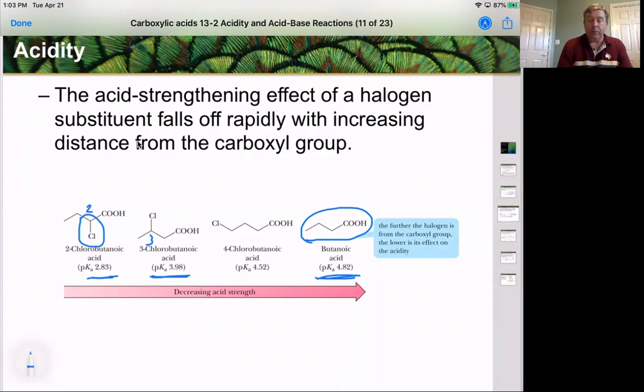And then if we move it 1 more carbon over to this 4 carbon here, we see almost no effect at all. There are so many bonds between that chlorine and that carboxylic acid, it has very little effect. So not only do electron withdrawing groups help increase acidity, it's the proximity to the carbonyl group that makes it more acidic. So the further away you get, the less effect it has.